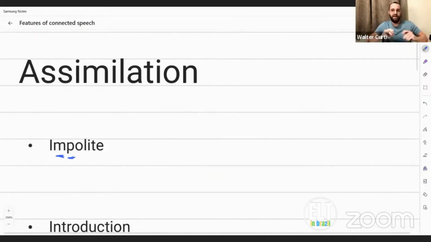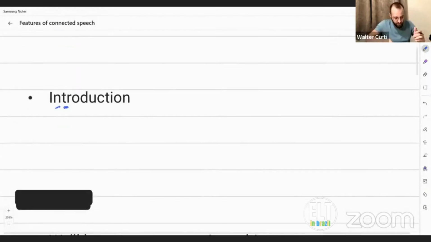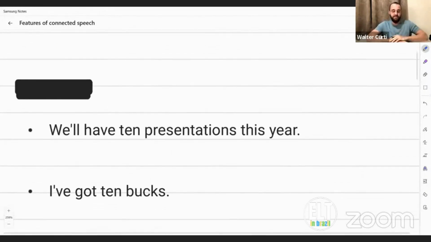Assimilation means that because of one sound, another sound is going to change, in order to make the change of phonemes easier.